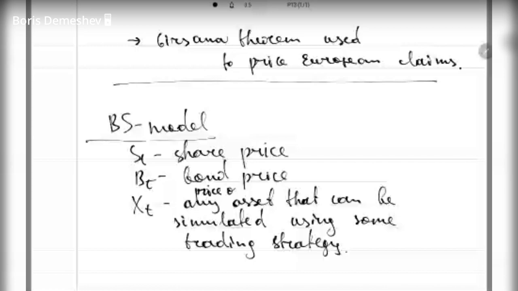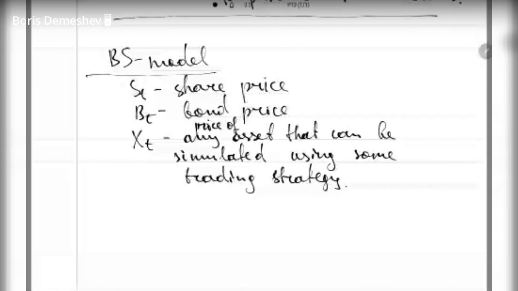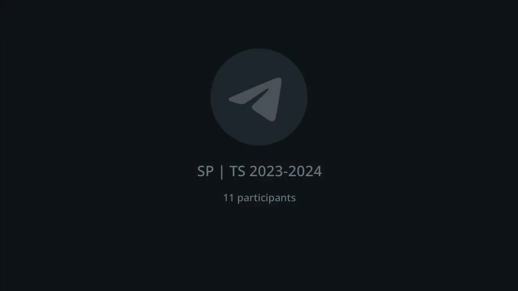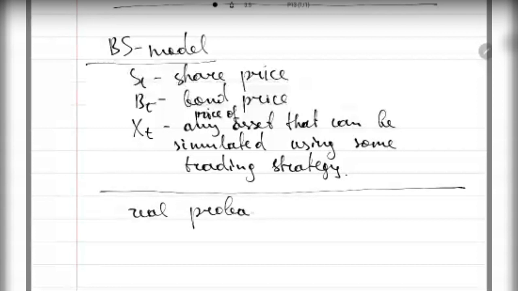And we have a real probability P. That's the real probability in the real world.